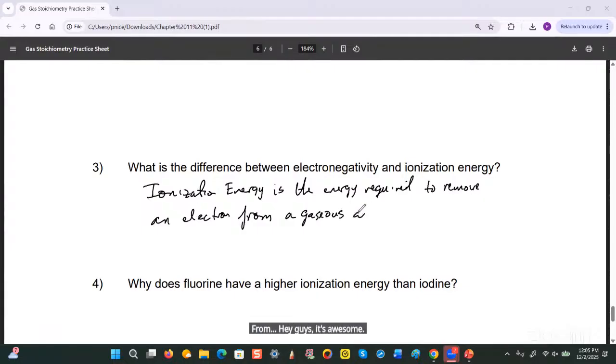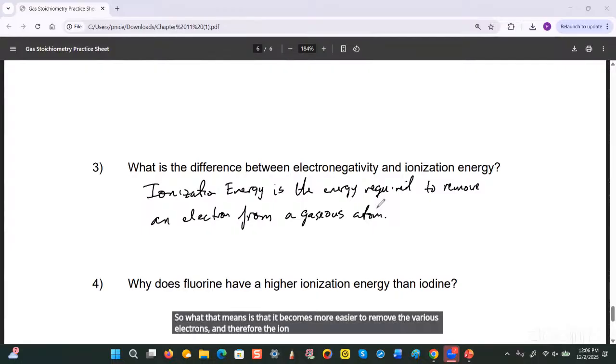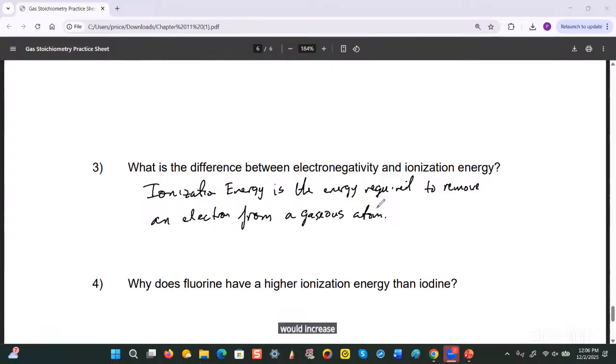All right. And it turns out that the ionization energy is dependent on the position of the element in the periodic table, right? If you remember when I mentioned the atomic size, how it varies, right? You should remember I said that as you go down any group, the distance between the valence electron and the nucleus increases. So what that means is that it becomes easier to remove the valence electron. So therefore the ionization energy will decrease as you go down a group.